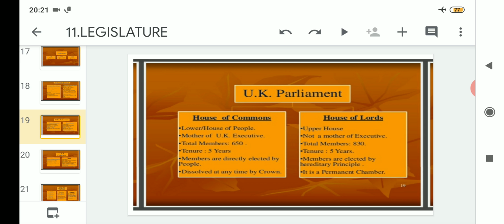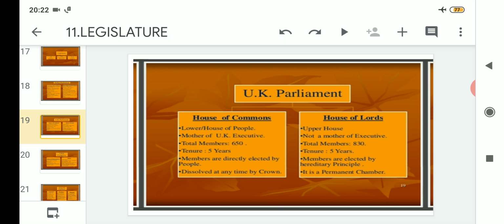And this is the mother of the UK executive. That means all the members are elected by the voting process through the right to vote, and that right to vote is given to the people and they elect the contestant according to their choice.